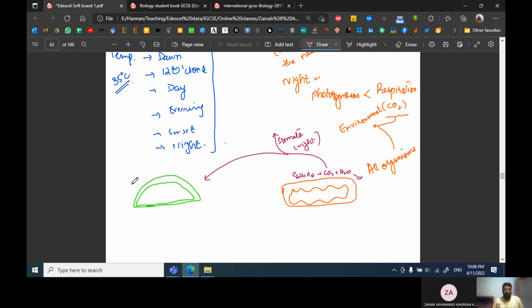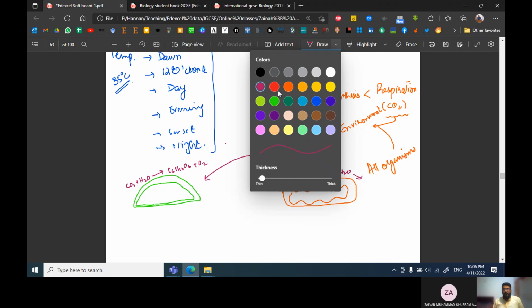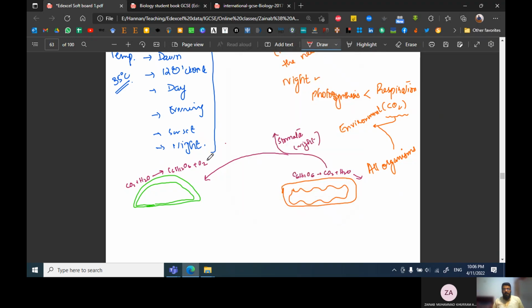Why would it be given to the chloroplast? Because chloroplast is performing the opposite reaction to the respiration, and that is called photosynthesis. So this oxygen can have two fates, and it does have two fates.